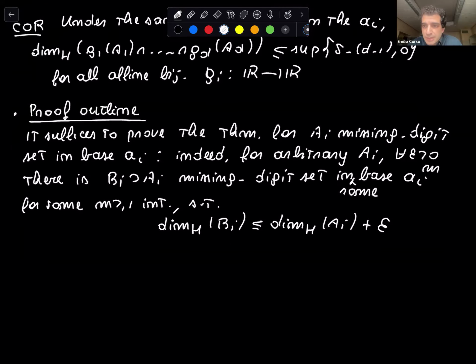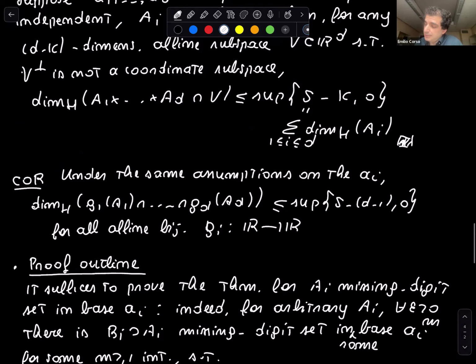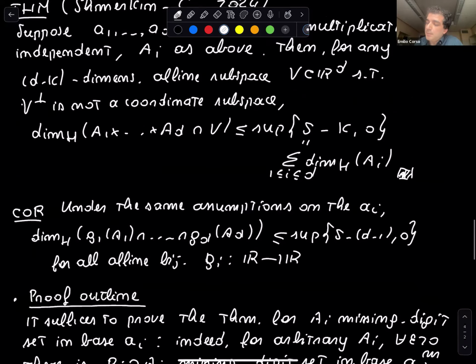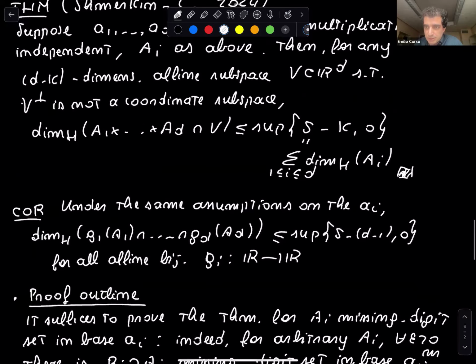So in dimension terms, you can really approximate closed invariant sets by missing digit Cantor sets. And for the purpose of that statement, using this claim, it's easy to reduce to the case of missing digit Cantor sets. So that's the first reduction. From now on, the AI will be actually missing digit Cantor sets in base little a_i.